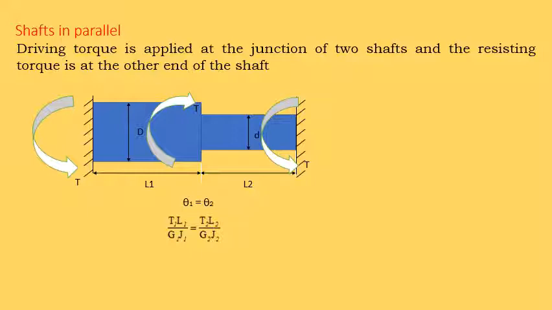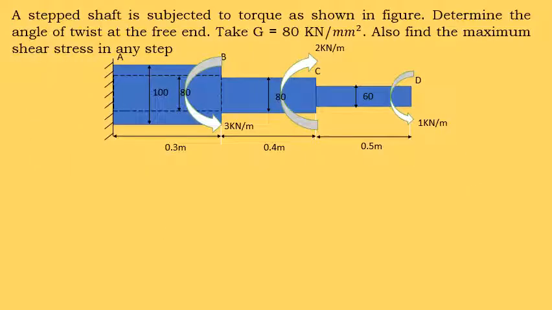Therefore the above equation can be written as T1 L1 divided by G1 J1 is equal to T2 L2 divided by G2 J2. And when it comes to torsion, the total torque T is shared by the sum of the individual portions. Therefore T is equal to T1 plus T2.